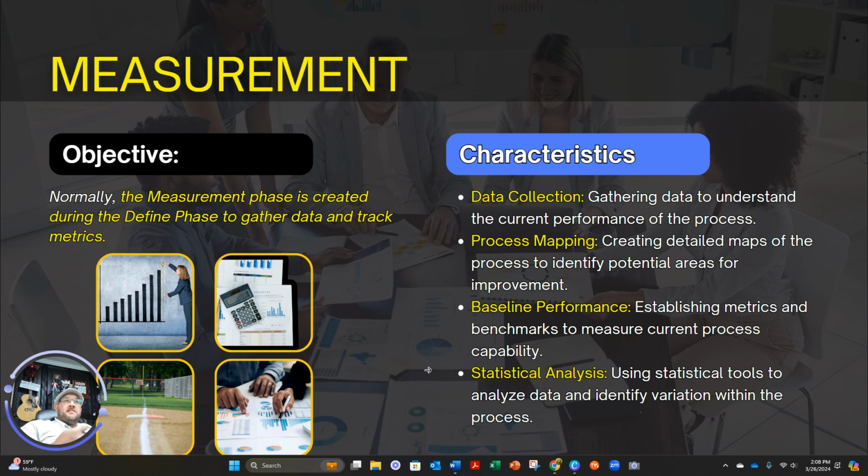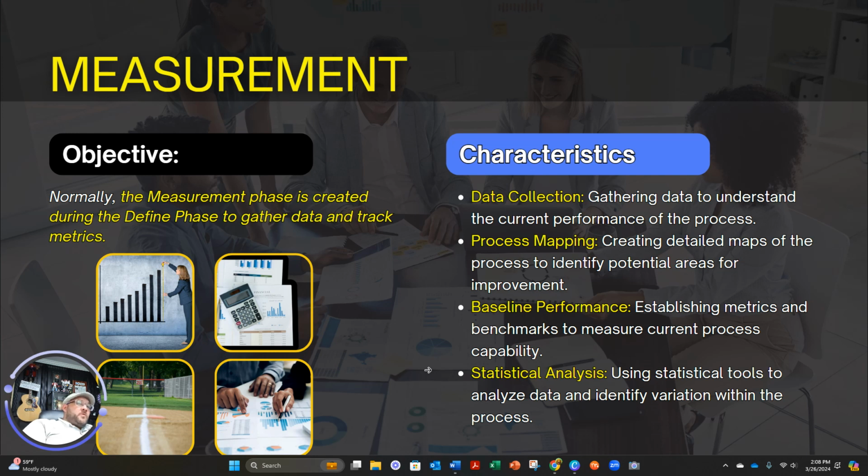The measurement phase is created during the define phase to gather data and track metrics. Now, some characteristics of the measurement phase are data collection, process mapping, baseline performance, and statistical analysis.